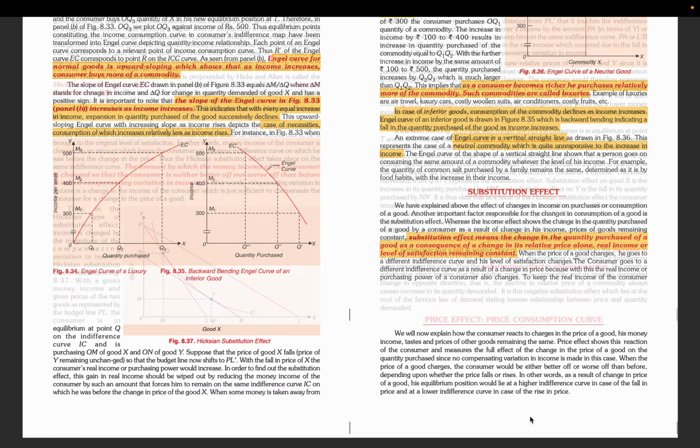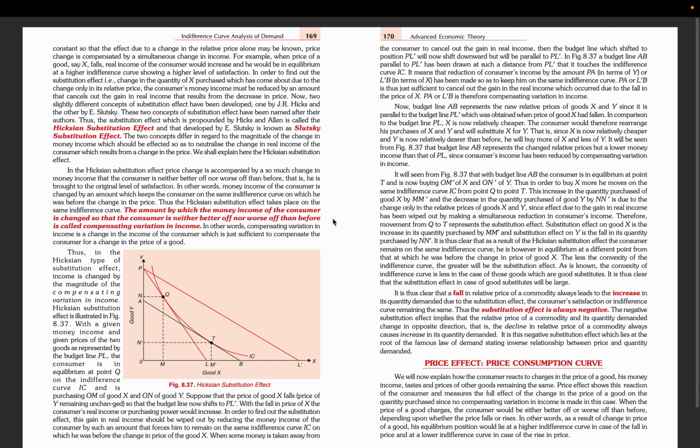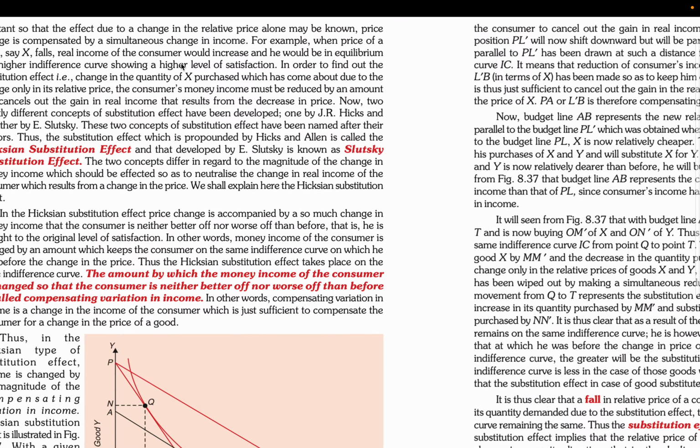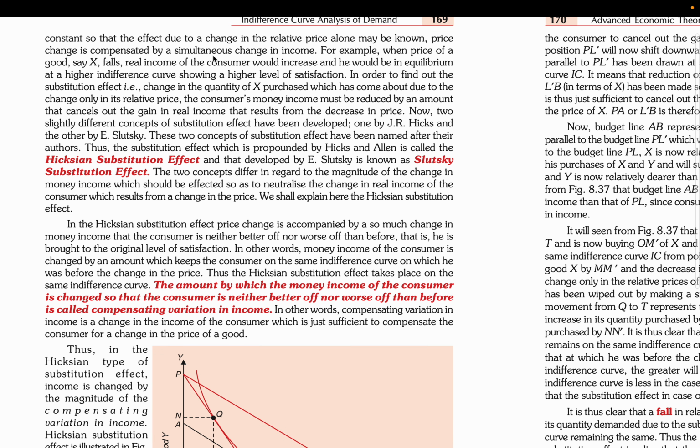To keep the real income of the consumer constant so that the effect due to change in relative price alone may be known, the price change is compensated by a simultaneous change in income. For example, when the price of a good, let's say X, falls, real income of the consumer would increase and he would be in equilibrium at a higher IC, showing a higher level of satisfaction.